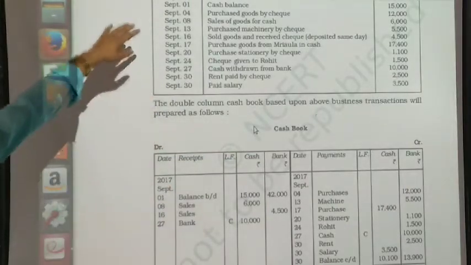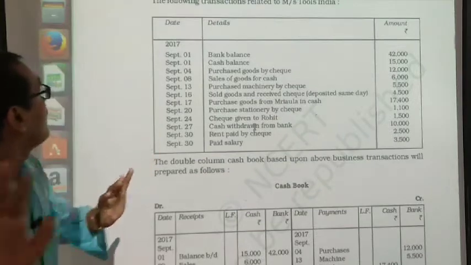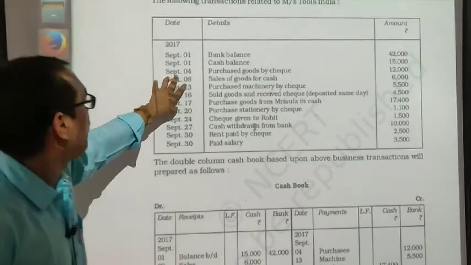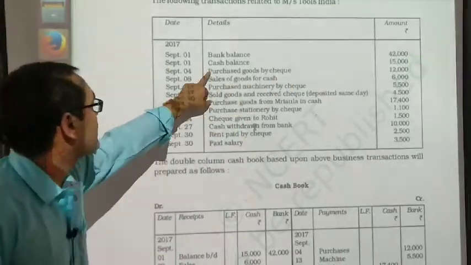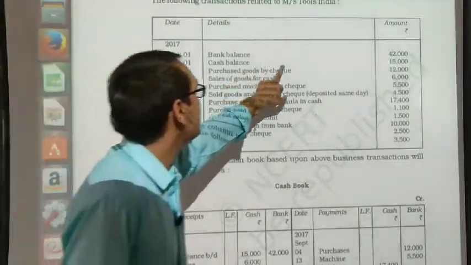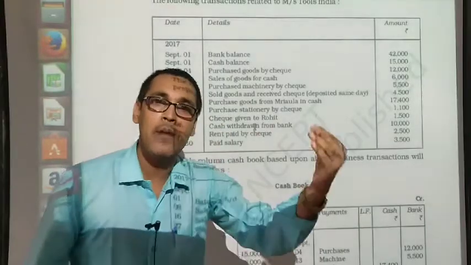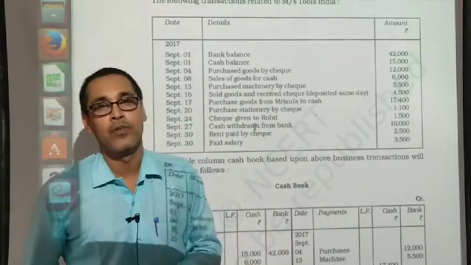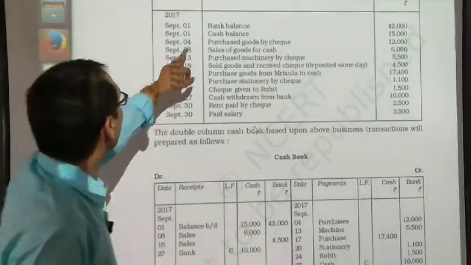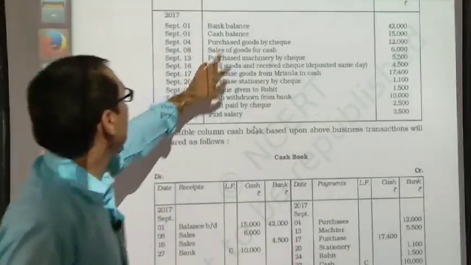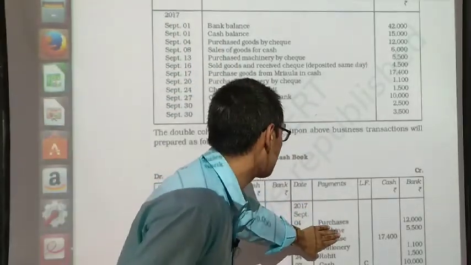So this is a transaction. September 4, purchase goods by check. What will be the entry of this transaction? Purchase goods by check. Purchase is an expense for the business, so purchase account debit to bank account. Bank is reducing. That's why this item will be shown on the credit side of the cash book.